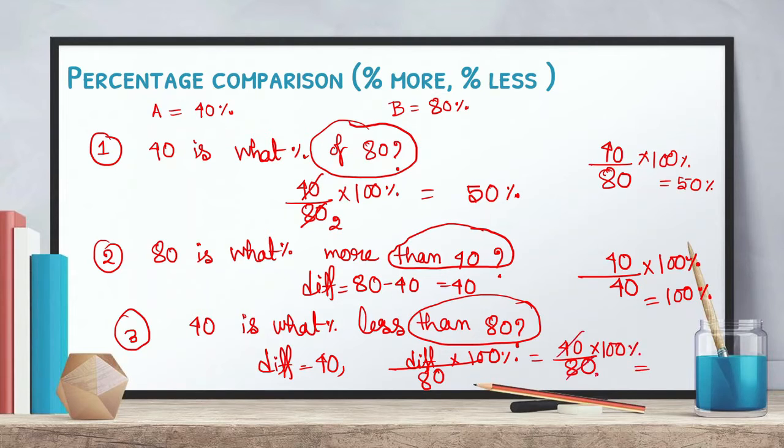We can see that it will be cancelled out by 2, and it is 50%. So 40 is what percentage less than 80? It is 50%. So the rule is we will put the difference in the numerator, and whatever comes after "than" we will put in the denominator. Clear?